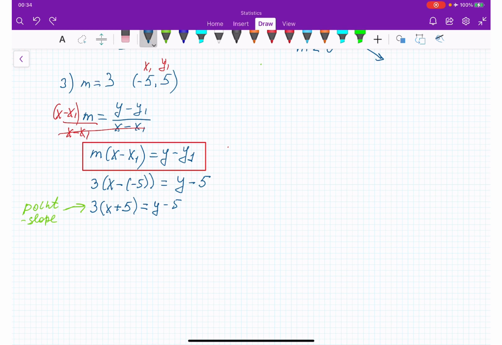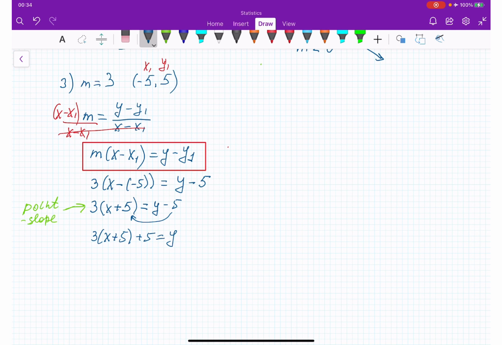So if I move -5 to this side, remember, every time I move any term over this equal sign, I'm going to flip the sign. It was -5, it will become +5. So 3 times x plus 5, plus 5 is equal to y.